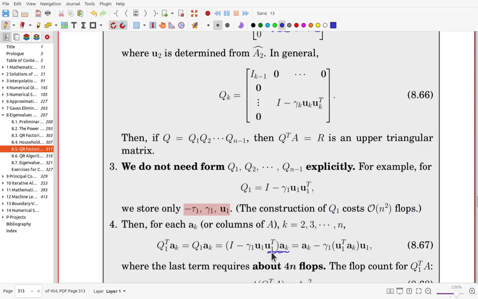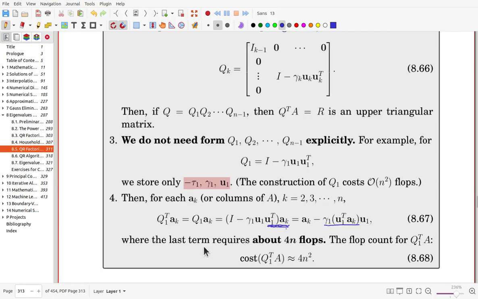This dot product will require 2n flops, and then along with this constant, this linear operation requires again about 2n flops. So a total of 4n flops are required for each column.